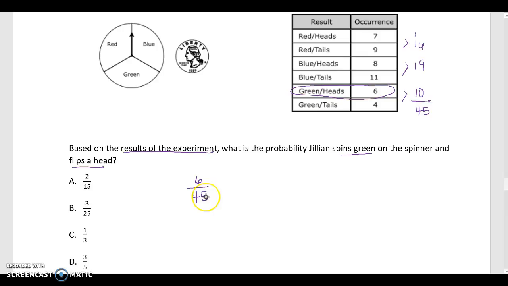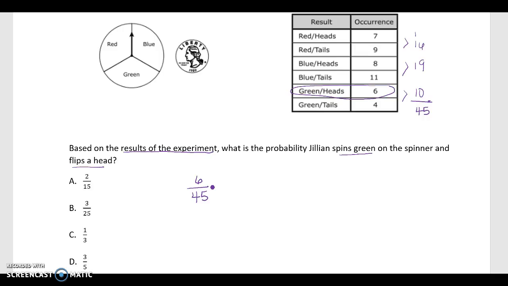So 6 out of 45. So I know 45 is not even, so it's not divisible by 2. So 6 can be divided by 6 or 3 to simplify it. So let's see. I know 45 is not divisible by 6, right? Because 6 times 5 is 30. 6 times 9 is 54. 6 times 8 is 48.